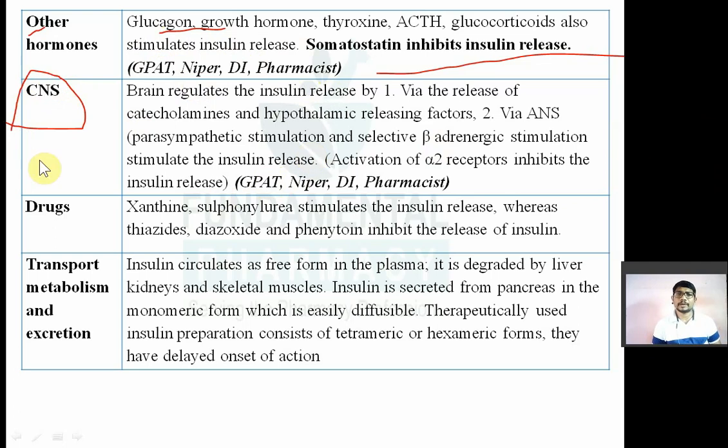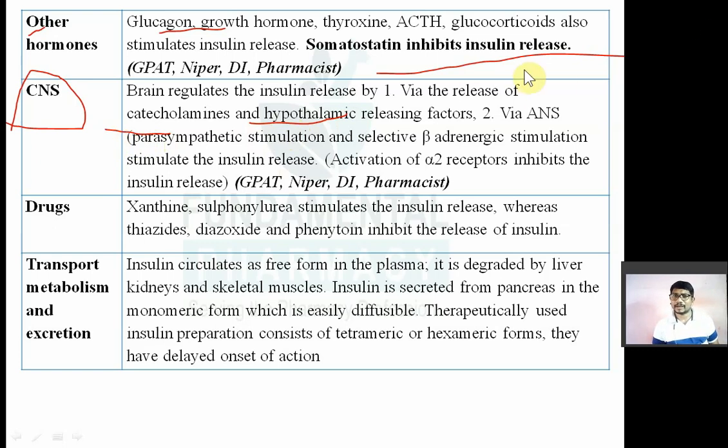So the brain regulates the insulin release by different mechanisms. First is via the release of catecholamines, like adrenaline. Then hypothalamic releasing factor.